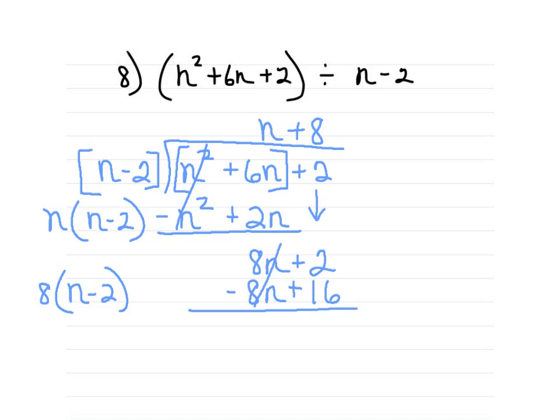Plus, that's going to be positive 18. So my quotient is n plus 8 plus 18 over n minus 2.